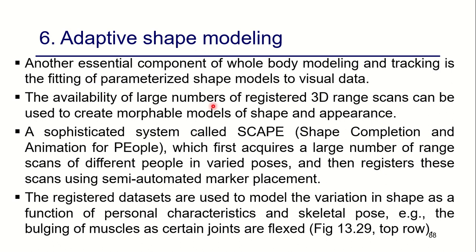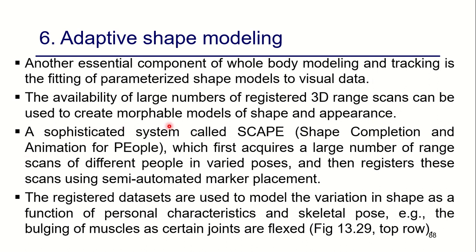Another essential component of whole body modeling and tracking is the fitting of parameterized shape models to visual data. The availability of large numbers of registered 3D range scans can be used to create morphable models of shape and appearance.